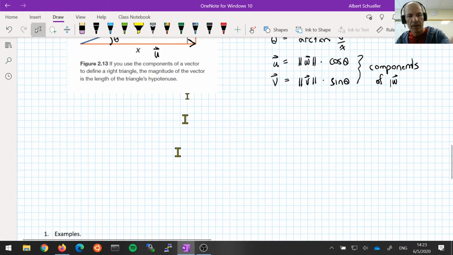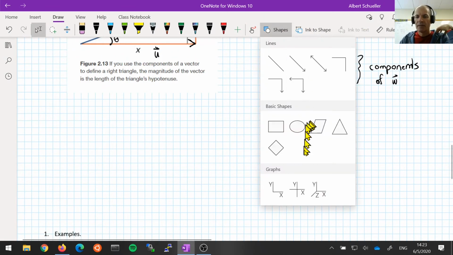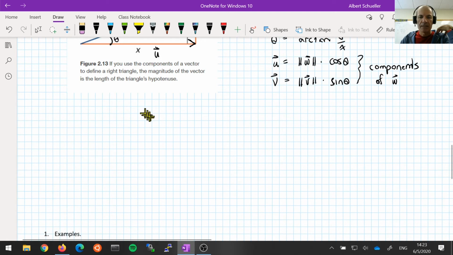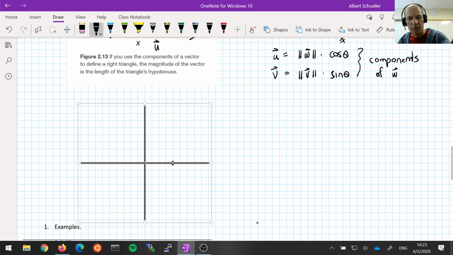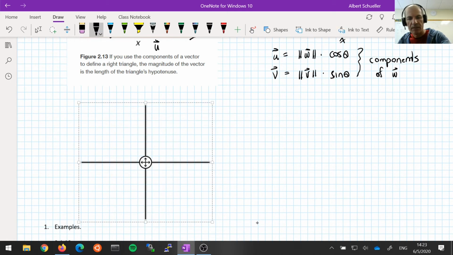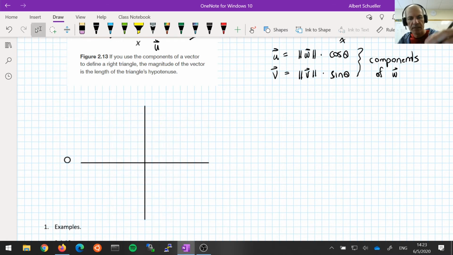So let me grab some axes. And we want it to go down minus 45 degrees, so something in the vicinity of here.